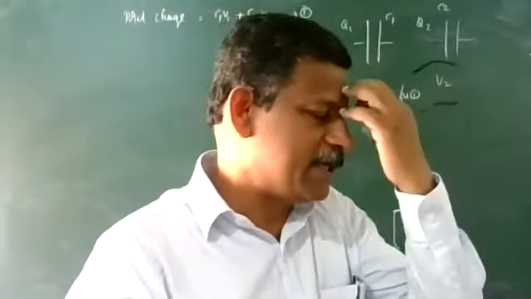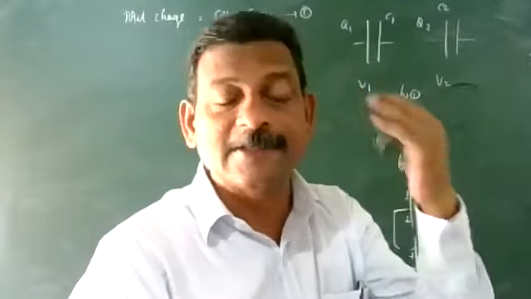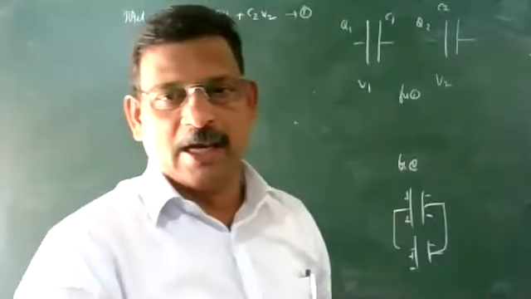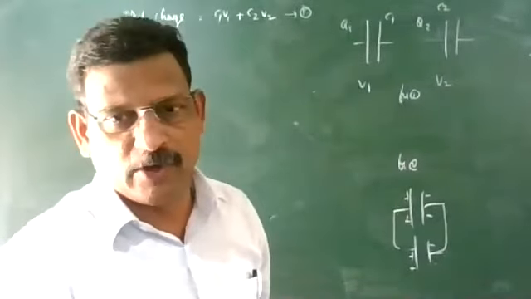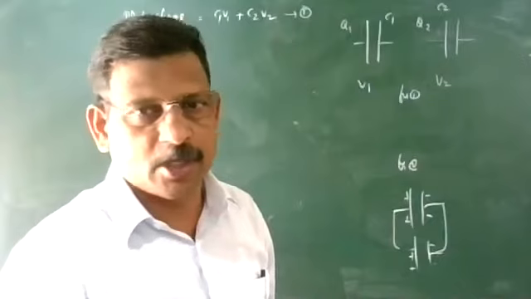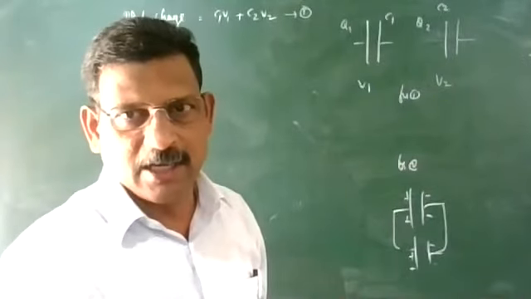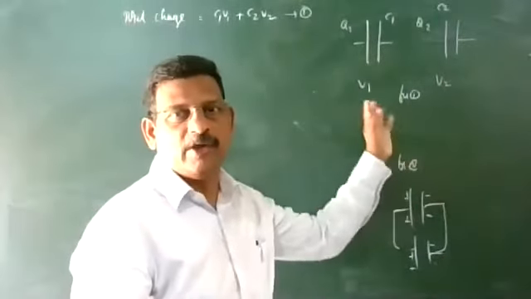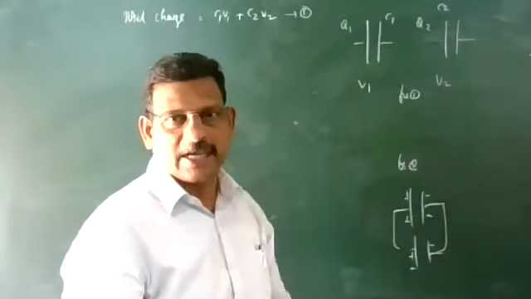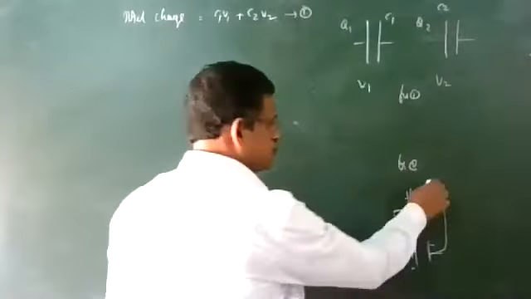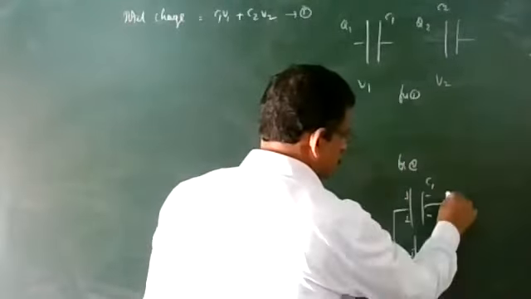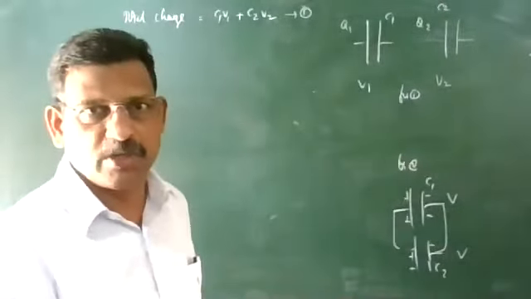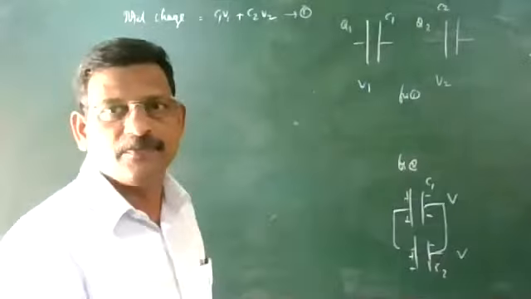Two capacitors are there, charged to different potentials V1 and V2, and after that they are connected by means of a wire. The charge flows from higher potential to lower potential till their potential becomes the same. So if V1 is greater than V2, charge will flow from the first to the second one till their potentials remain the same. So they are sharing the charges. So here we are discussing the sharing of charge.